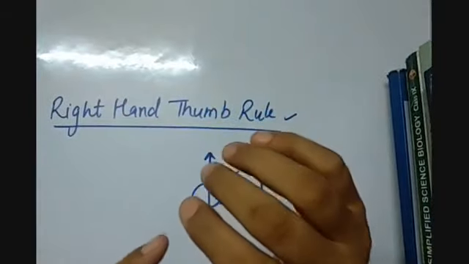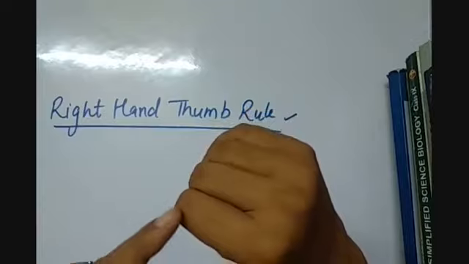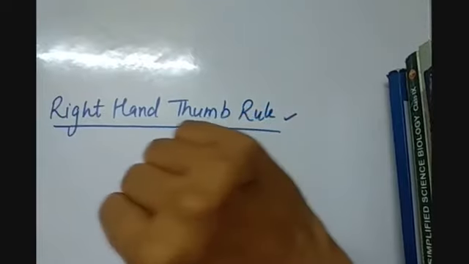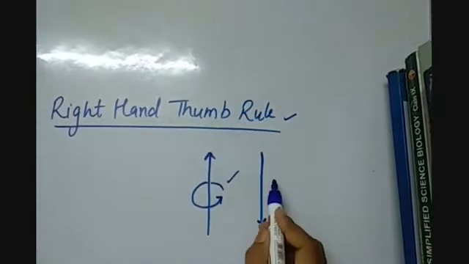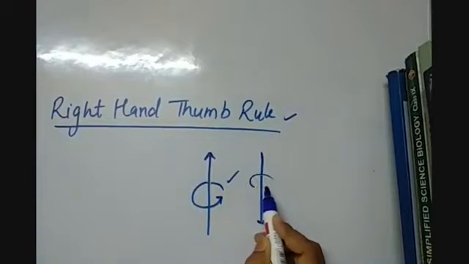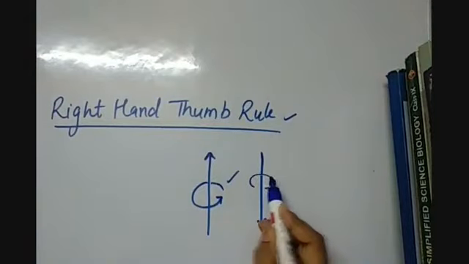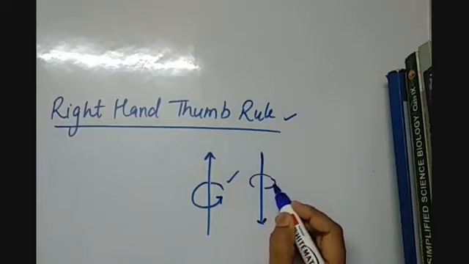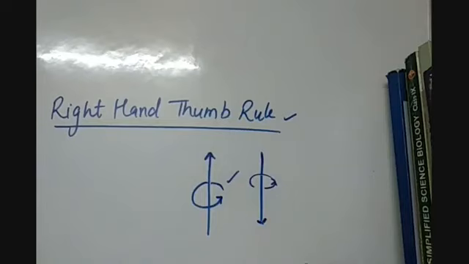So now the magnetic field lines go from upward to downward, and then they come up. So now the magnetic field lines are in this way, coming from the downward and then coming up.